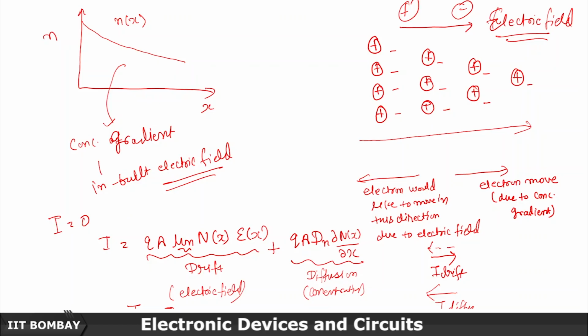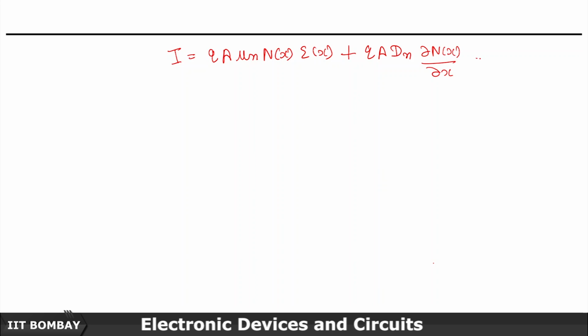Okay, so now let us see what expression we get for the electric field after making this current 0. Let me rewrite this: I is equal to QA mu_n n(x) E(x) plus QA D_n dn(x)/dx, which is equal to 0. Making it 0 is fairly simple.